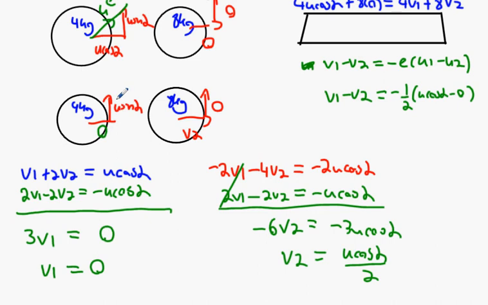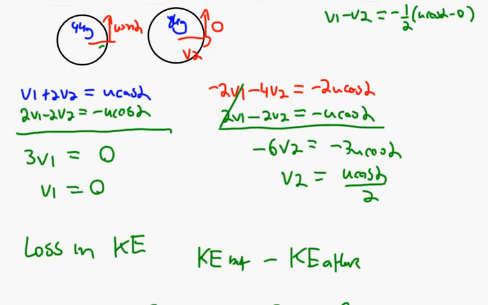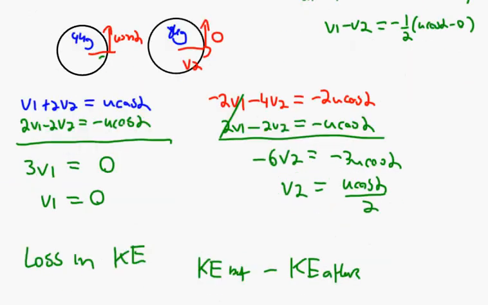We're going straight up, aren't we? So the speed of this particle is u sine alpha. In the event that we weren't going straight up, what would I have to do? If that wasn't 0, I'd have to do Pythagoras and find the hypotenuse, okay? But I don't have to this time. So u sine alpha squared. And then for the 8 kilogram particle, what's v2? U cos alpha all over 2.